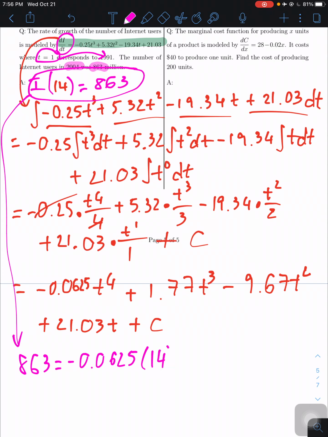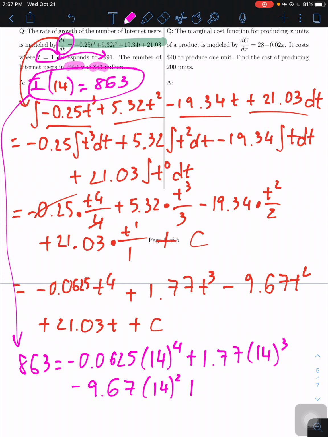So we're going to plug in 14 for t to the 4th power, and plus 1.77 times 14 to the third power, and then minus 9.67 times 14 to the second power, plus 21.03 times 14, and then plus c at the end, right?